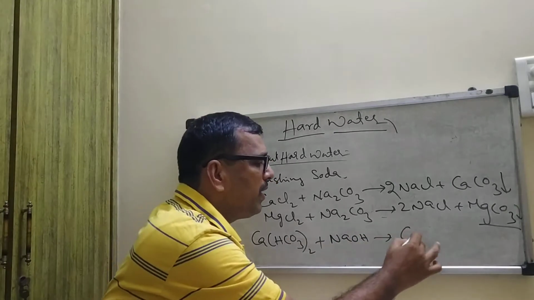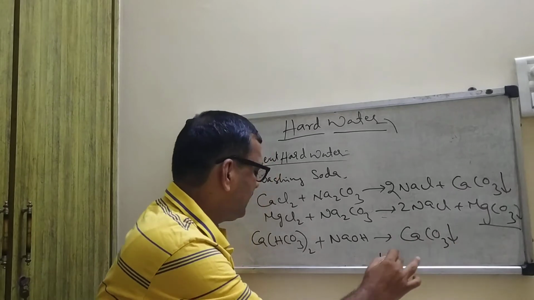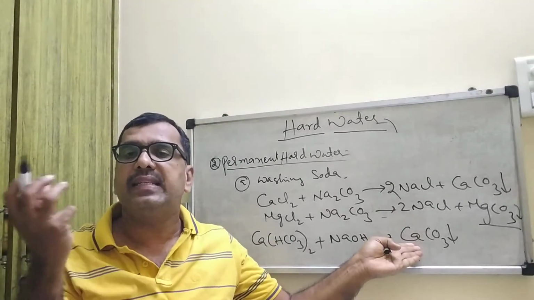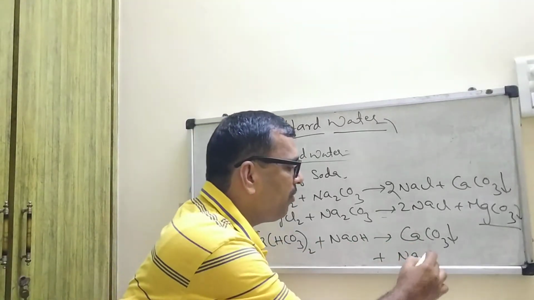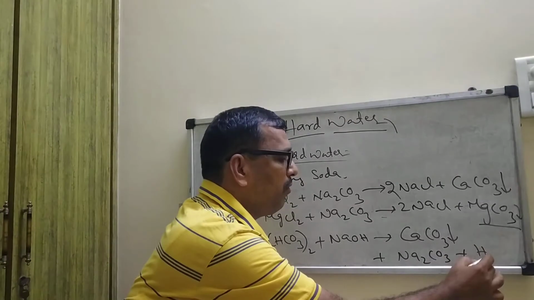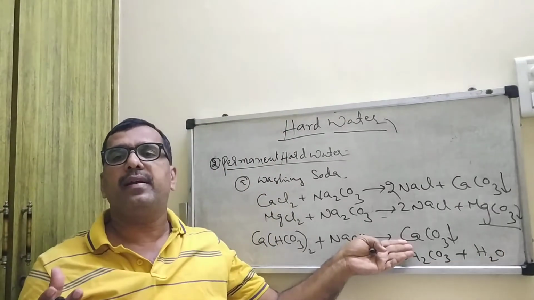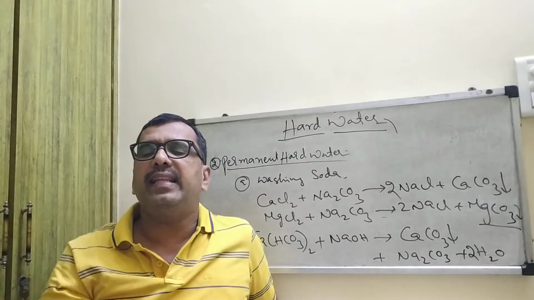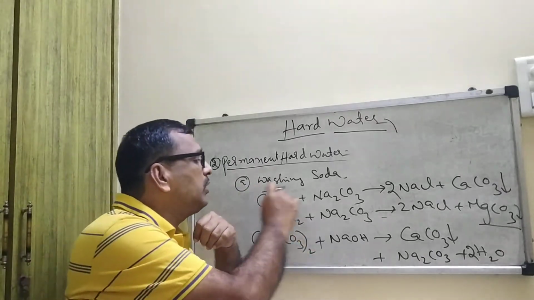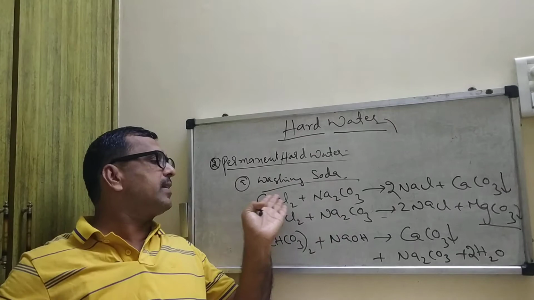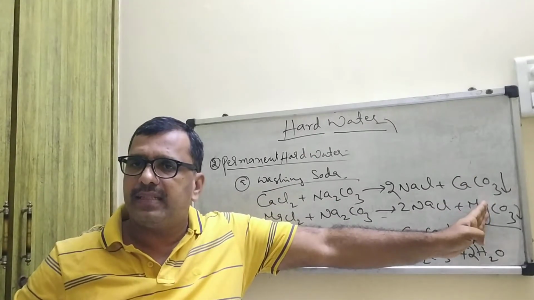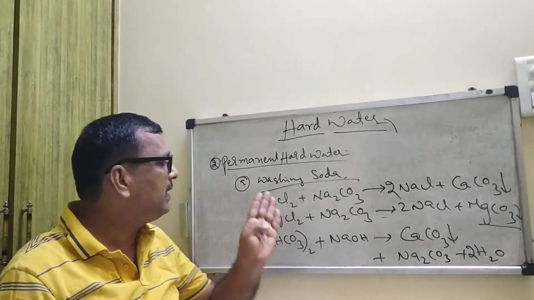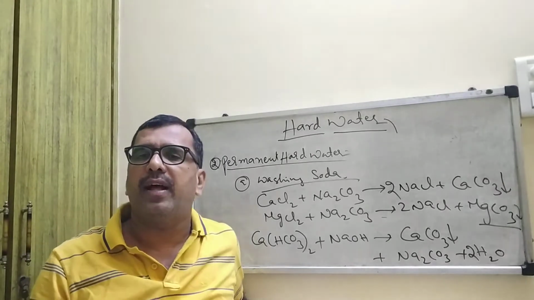It is converted into calcium carbonate plus sodium carbonate and 2 moles of water. So the calcium carbonate is removed and the water becomes soft. By the addition of washing soda, these chlorides are converted into the respective carbonates and eliminated. So this is one method, the addition of washing soda.